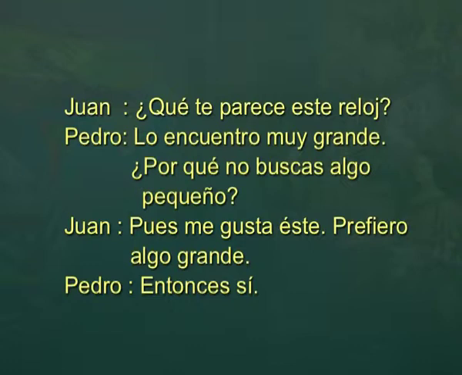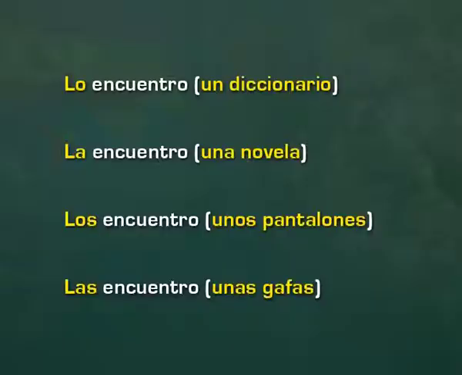Now here, lo encuentro is I find it, and it differs in number and gender. Lo encuentro, for example, you're talking about a dictionary. You say, lo encuentro muy útil. I find it very useful. Therefore, it is lo encuentro. Suppose you're talking about a novel, you will say, la encuentro interesantísima. I find it very interesting.